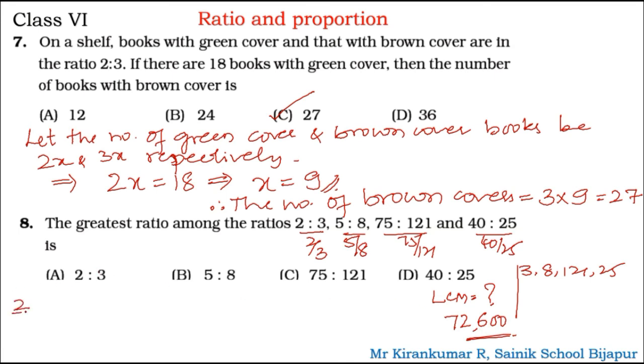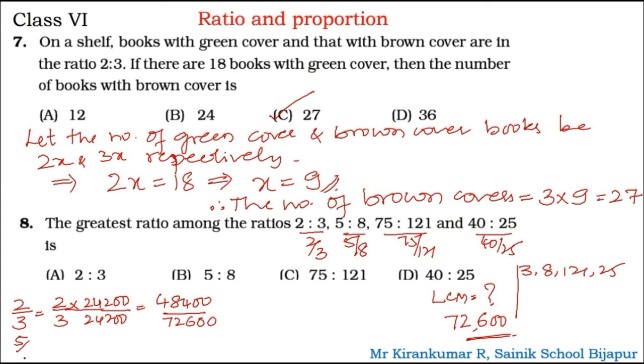Now this 2 by 3 I can write as 2 by 3 multiplied with 24,200 to both numerator and the denominator, so that the denominator becomes the LCM. It becomes 72,600.